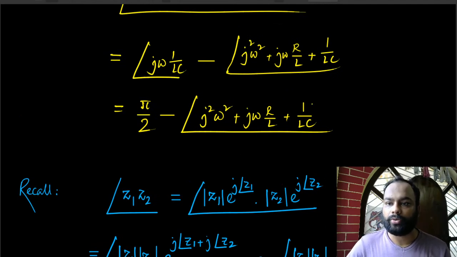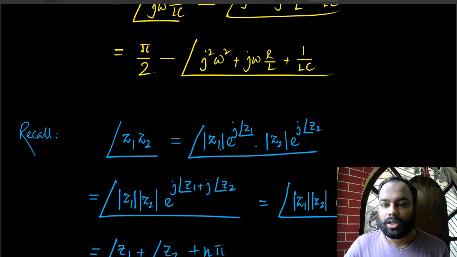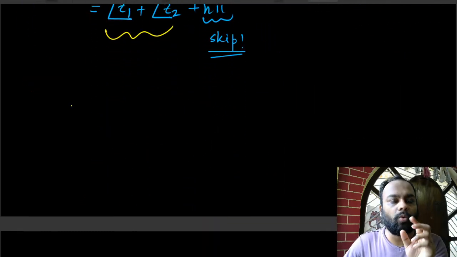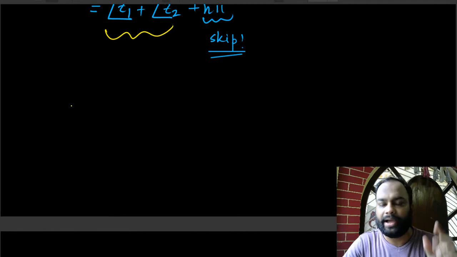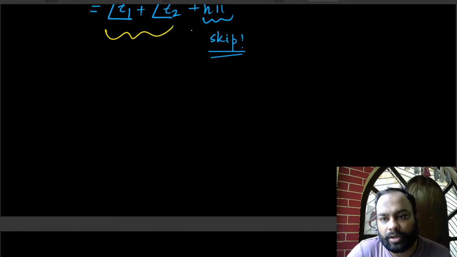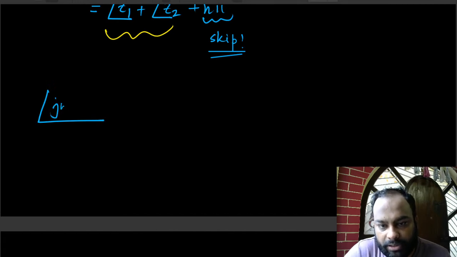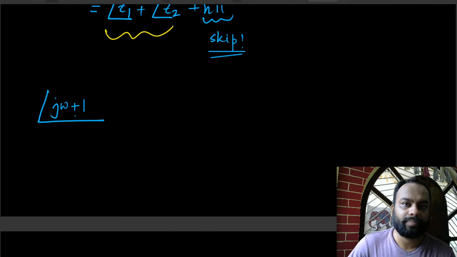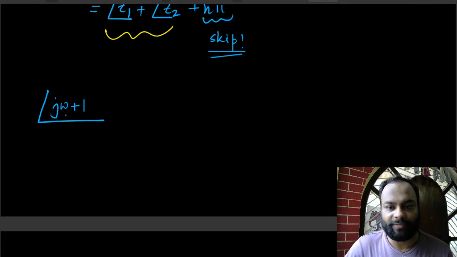Now let me give you a very simple idea here. I'm asking you to calculate the angle of this complex number, j omega plus 1. What is the angle of this complex number? What is the angle for j omega plus 1?